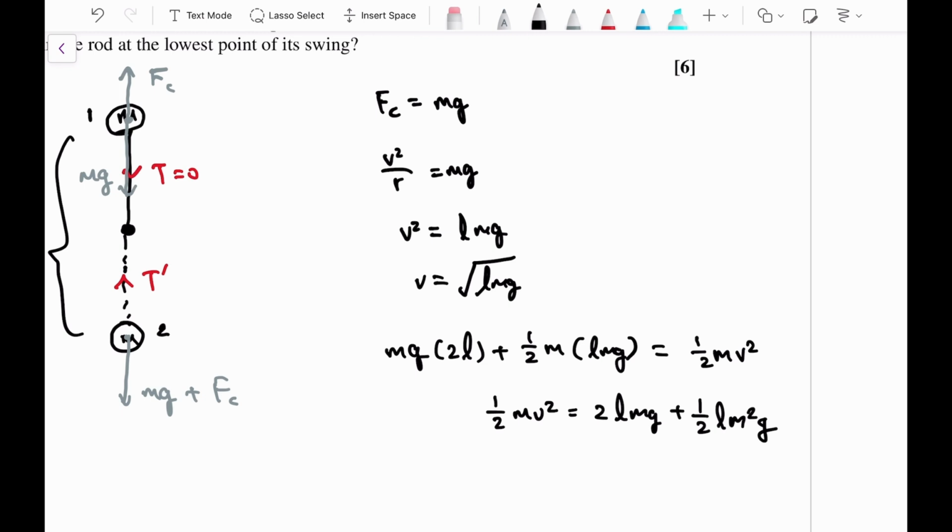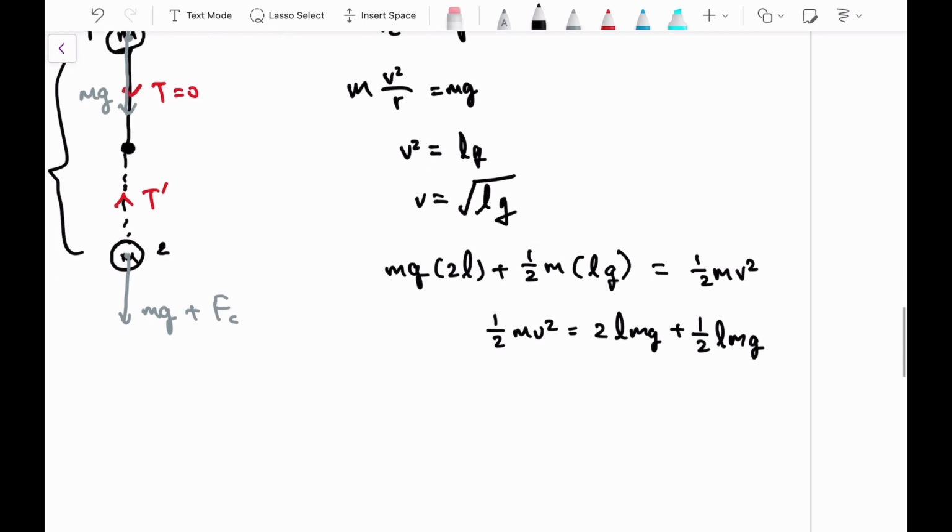Okay. The force is mv squared over r. Okay, so the m will be cancelled out, and then what's left would be this. So essentially, this will be a half Lmg.